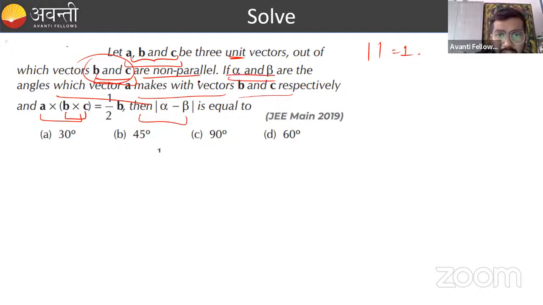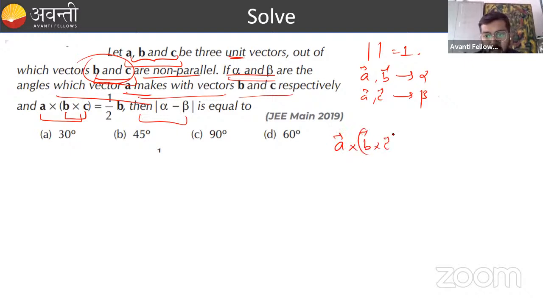Now, alpha and beta are the angles which vector a bar makes with vector b bar and c bar. So the angle between a bar and b bar is alpha, and the angle between a bar and c bar is beta, right? Now we know a bar cross b bar cross c bar.